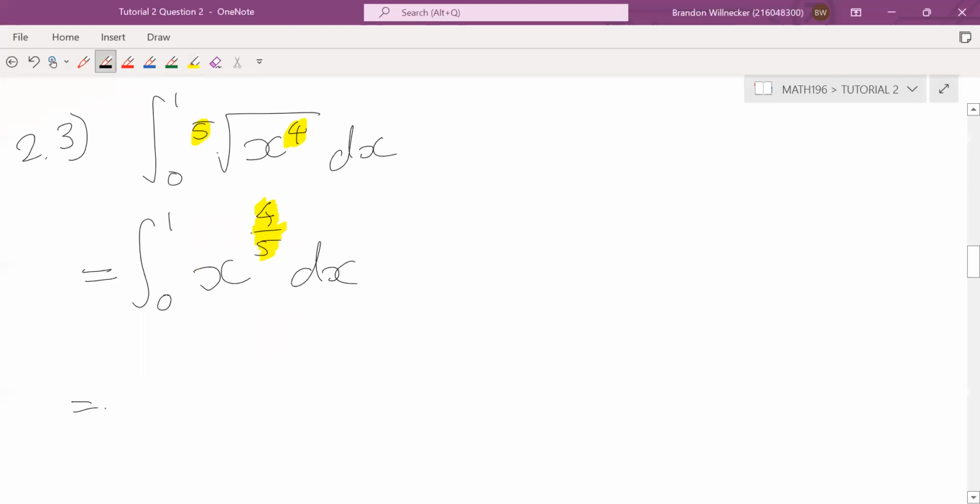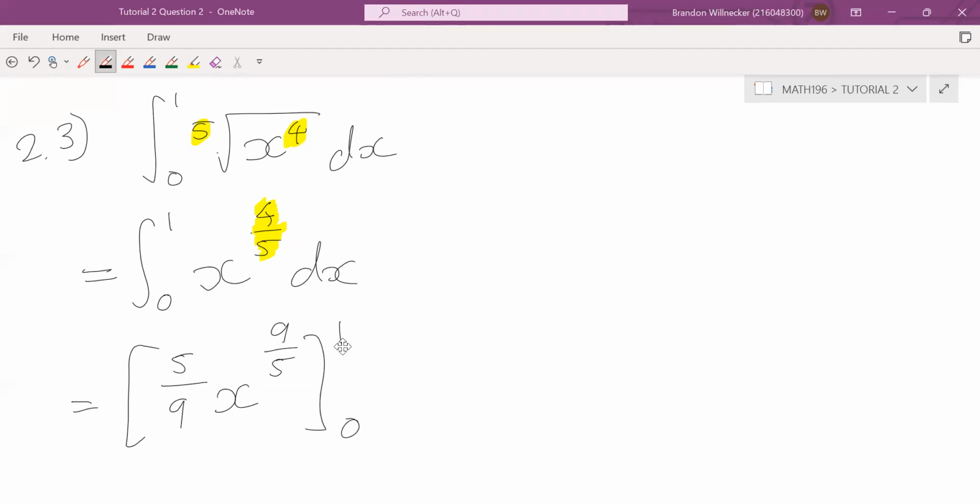We add 1 to the exponent, so that makes it 9 over 5. Then we need to divide by 9 over 5, but that's the same thing as multiplying by 5 over 9. So that's 5 over 9, x to the 9 over 5, and this needs to be evaluated from 0 to 1.